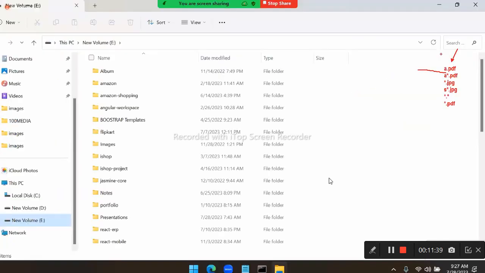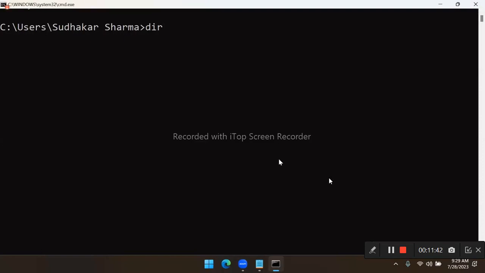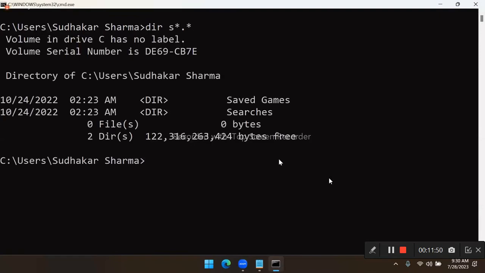Actually, see here, in the command prompt, dir s asterisk dot asterisk, then it returns all the files starting with s. That means it will show only the directories and files starting with s. These are regular expressions actually.